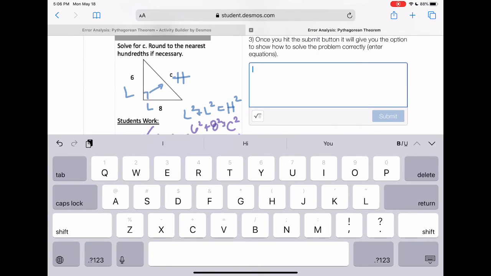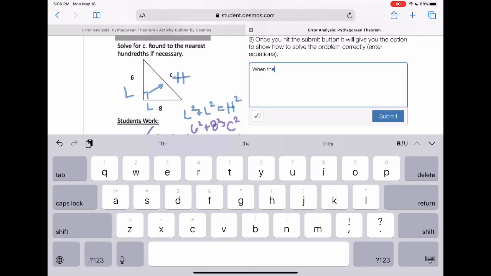Okay, so here we're going to write when there is an exponent, it means to multiply the base by itself. Well, I'm going to be more specific. When there is an exponent of 2, it means to multiply the base by itself.